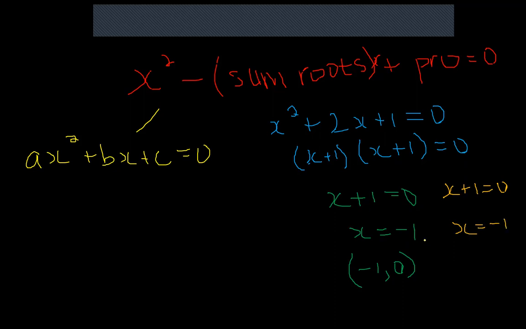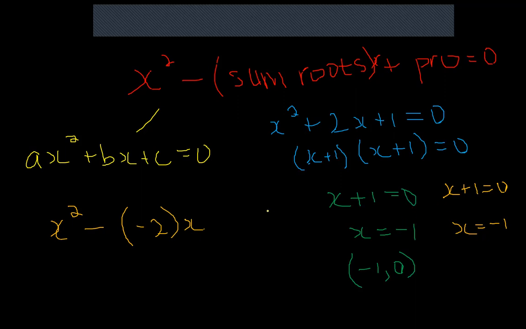If I find the sum of minus 1 and minus 1, what is that going to give me? x squared minus the sum of my roots, which was minus 1 plus minus 1, that's minus 2, x plus the product of my roots. I said my two roots are minus 1 and minus 1.